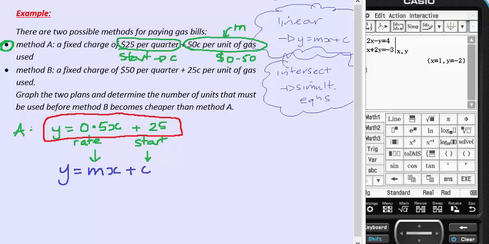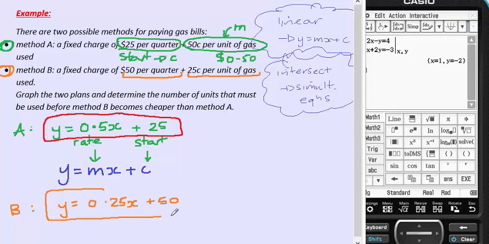Now if I do method B, and let's do that in orange, then my start is $50 and my rate is going to be 25 cents. So for method B, I'm going to end up with y equals, my rate is 0.25 times x, plus my start is $50.